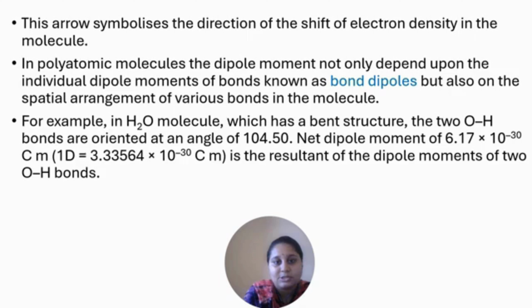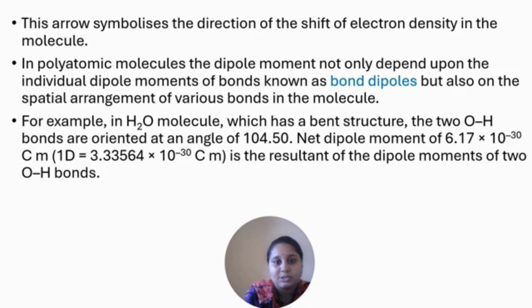Let us study an interesting case of NH3 and NF3 molecules. Both molecules have a pyramidal shape with a lone pair of electrons on the nitrogen atom. Although fluorine is more electronegative than nitrogen, the dipole moment of NH3 is greater than that of NF3. Why?